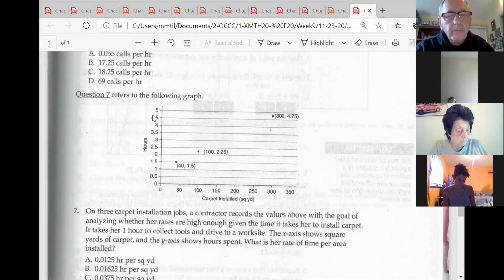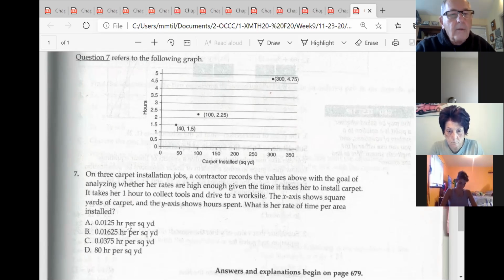Another one: hours to install 1 square foot of carpet. These are data points. So we want to assume this is linear. You can take this point and this point, or this point and this point.